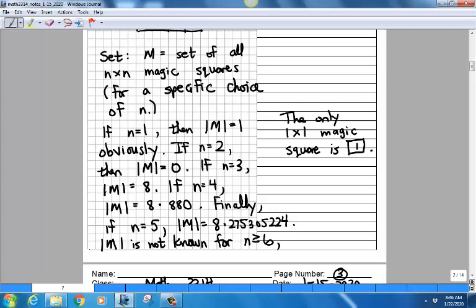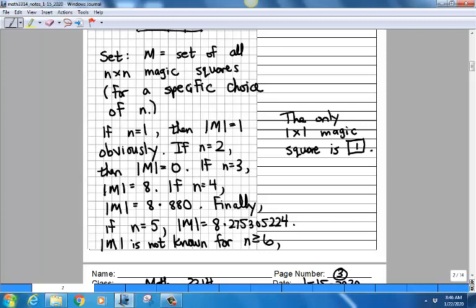That happens to be a magic square just by default. All the rows and the columns are the same there because there's only 1 row and 1 column. They all add up to 1, and the diagonal, if you even want to think of that as having a diagonal, also adds up to 1. So there's 1 magic square of order 1.